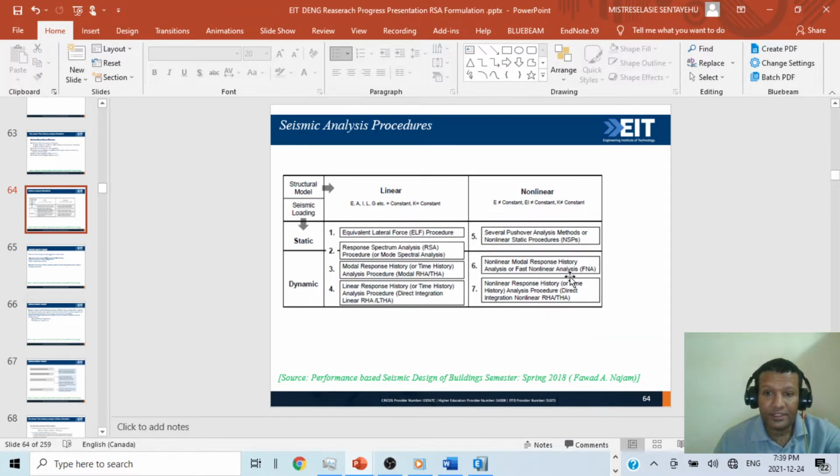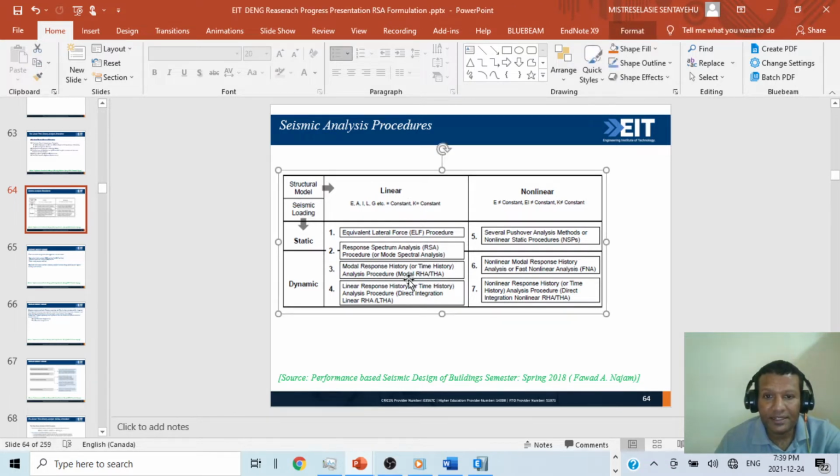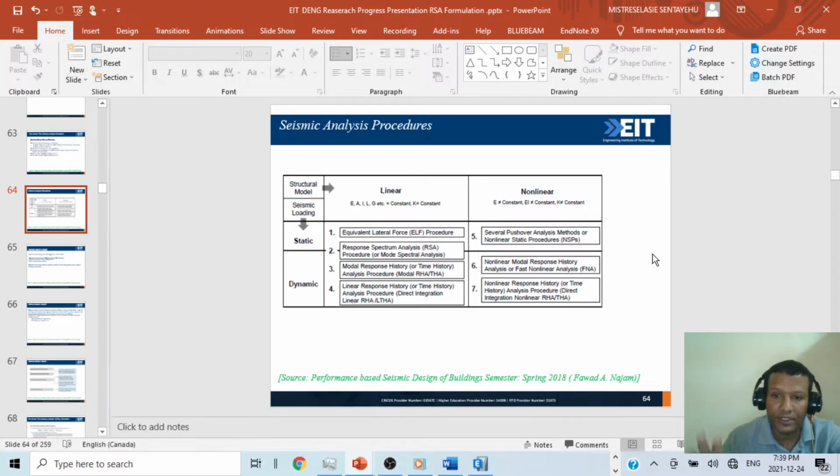The only difference between linear and nonlinear modal response history analysis is the model type. The procedure and the same ground motion we are going to use, and only the analysis procedure will have a few small differences that I will show you when it comes. So pushover analysis and nonlinear time history analysis, today I will try to finish.